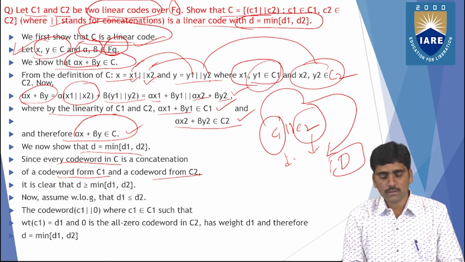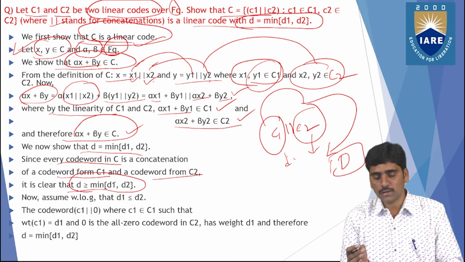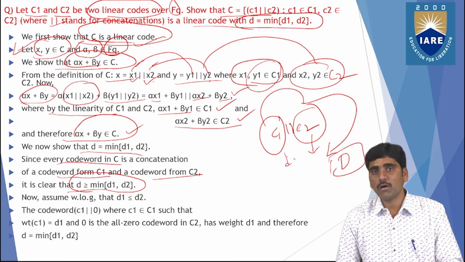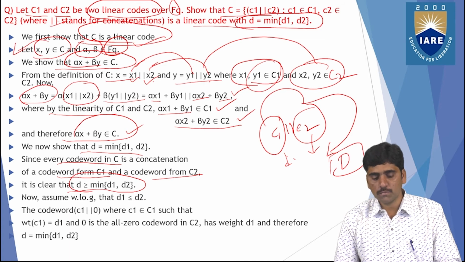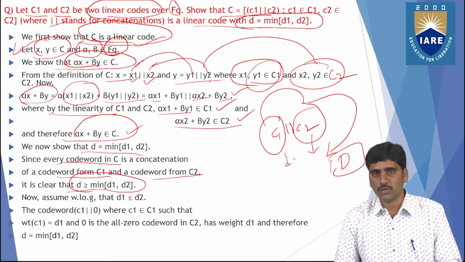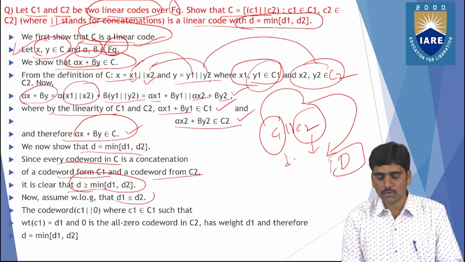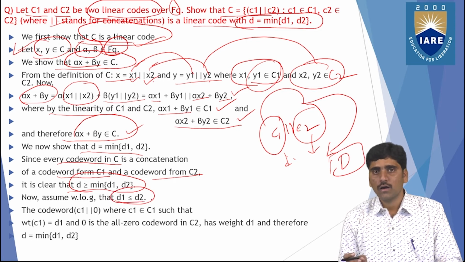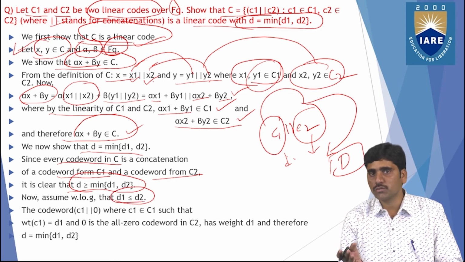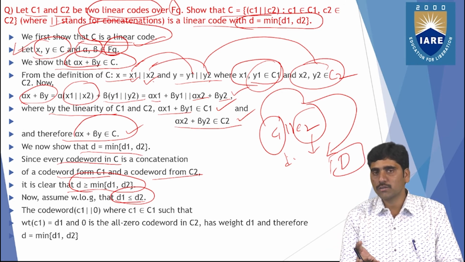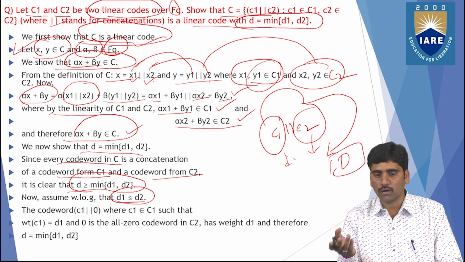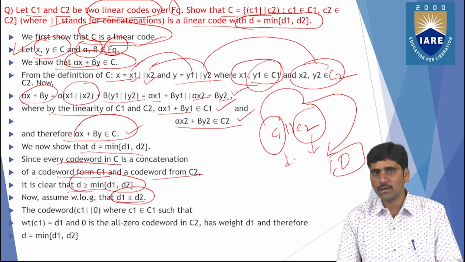So it is clear that D is greater than or equal to the minimum of D1 comma D2, or you can say D1 is less than or equal to D2. So among those two, one is minimum and one is maximum, or else those two are equal.